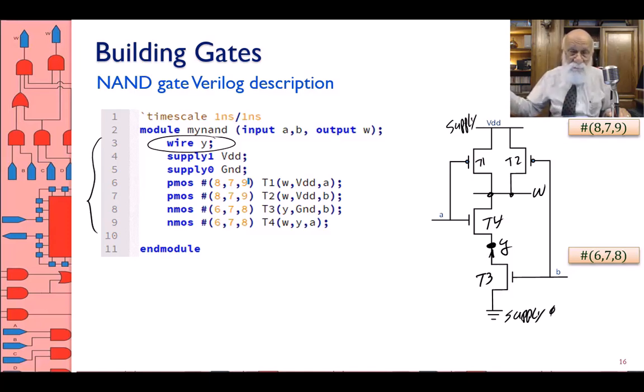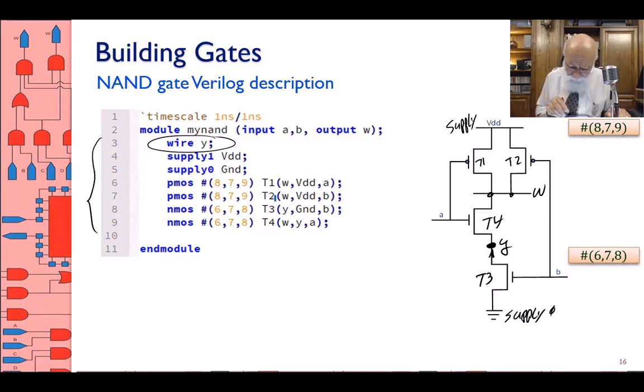I just picked 3 numbers. These are different than the NMOSs. They are larger than the NMOS delays, and the reason they are larger is because the mobility of holes is lower than the mobility of electrons.